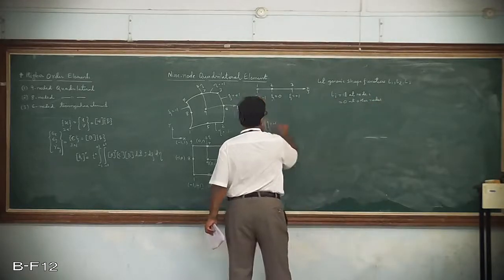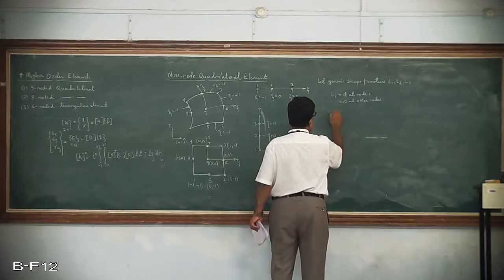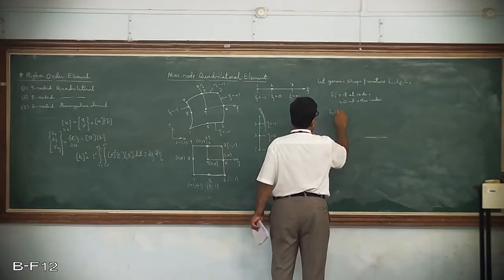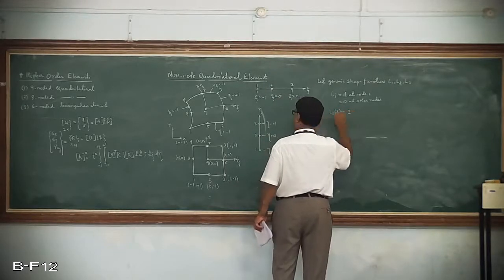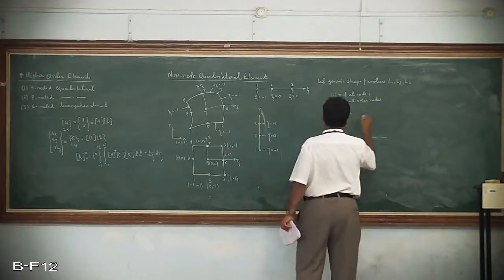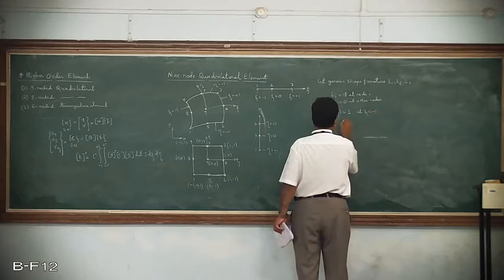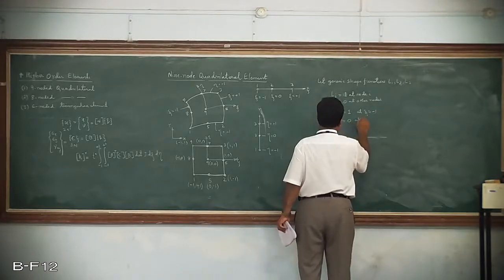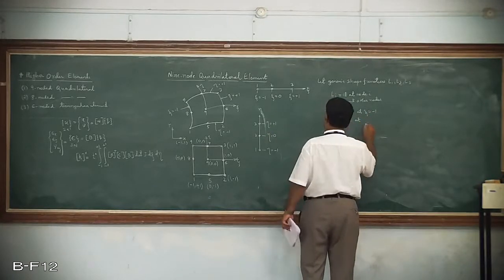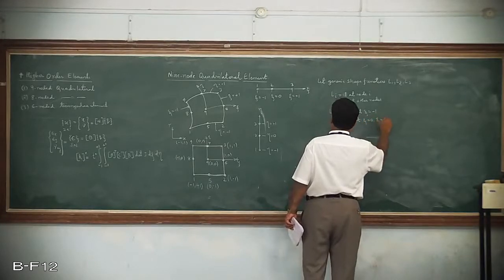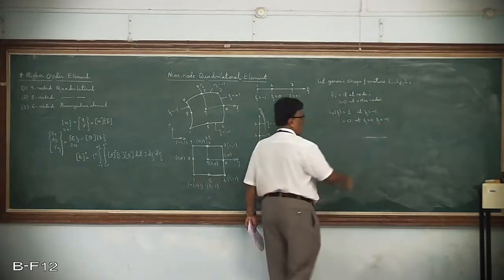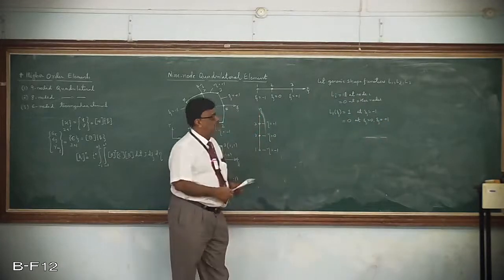So L1 of zeta is 1 at zeta equal to -1, and it is 0 at 2 other points, that is zeta equal to 0 and zeta equal to +1. So it has to be 0 at these 3 values.